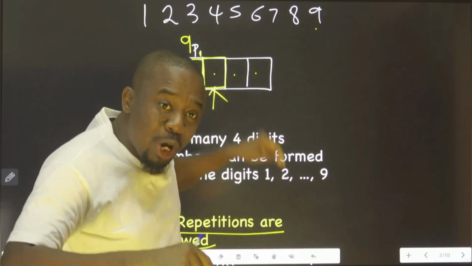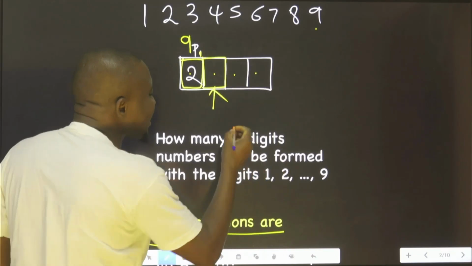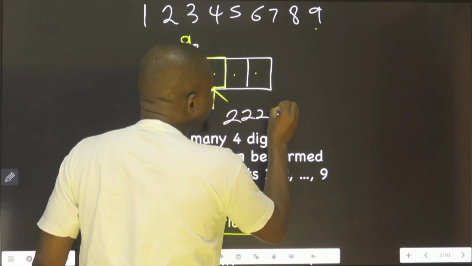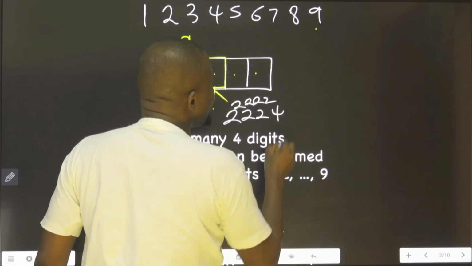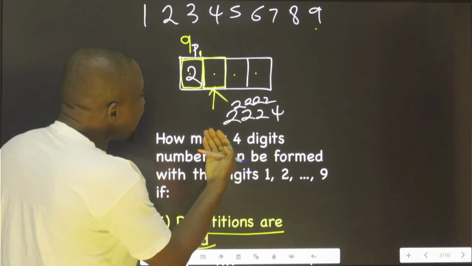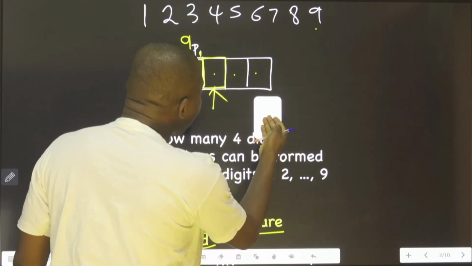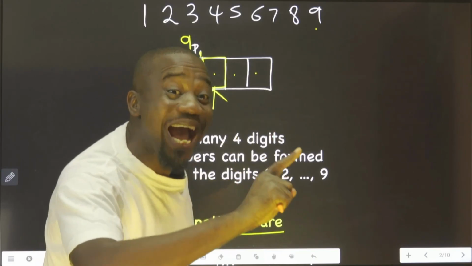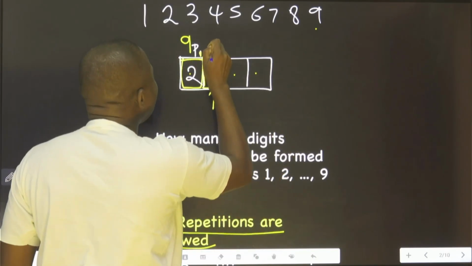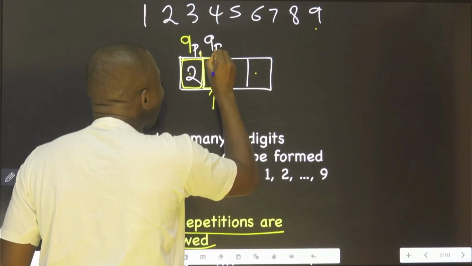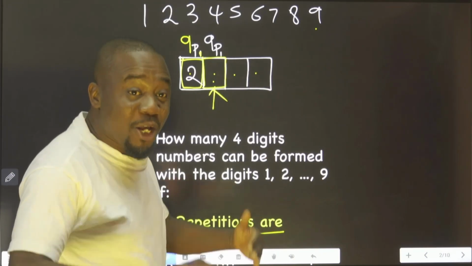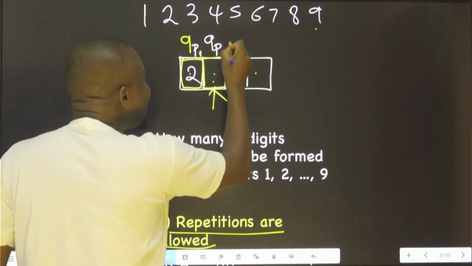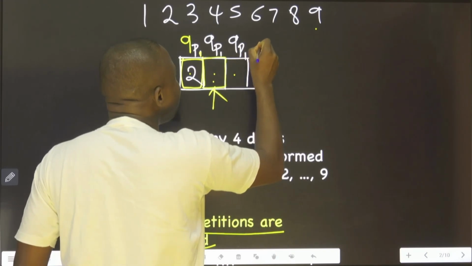So 2 will also join them to compete, because you can form numbers like 2, 2, 2, 4, even 2, 2, 2, 2. So all 9 numbers will still compete for this position. Because repetition is allowed, this will continue for all the positions.